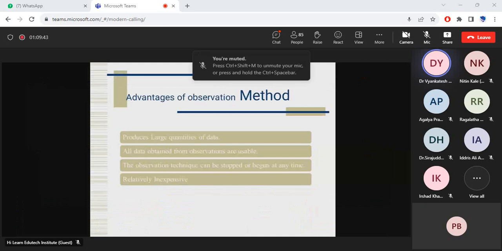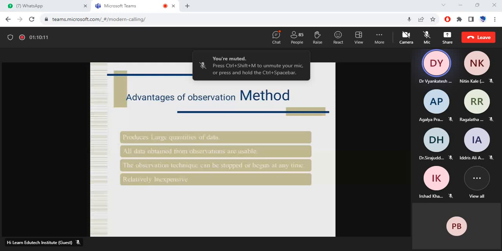Not so inflexible, in the sense that whatever data we require, according to that we need to figure it out, and whatever techniques and time we are going to use, we can implement, and we can stop, depending upon the processes in that area at that time. So these are the advantages of the observation method.